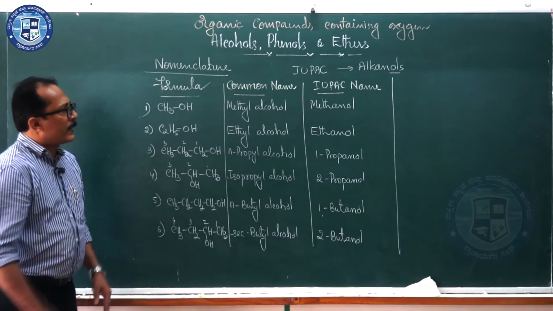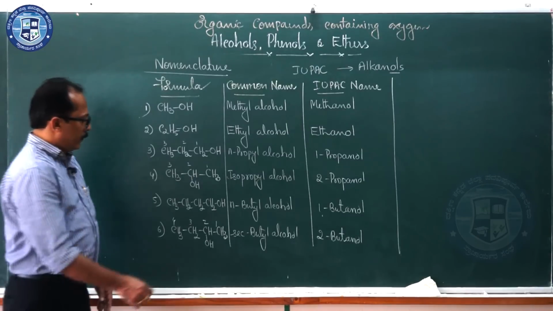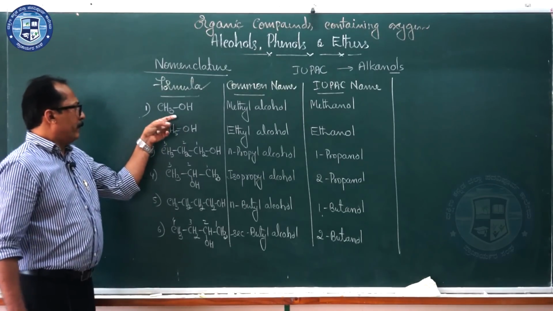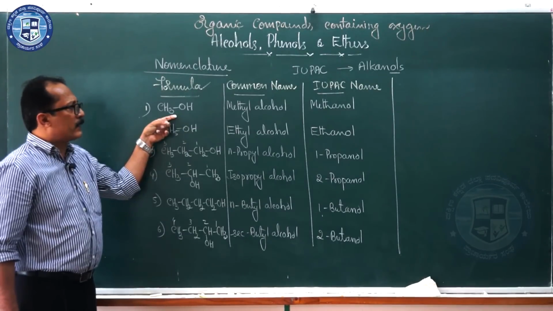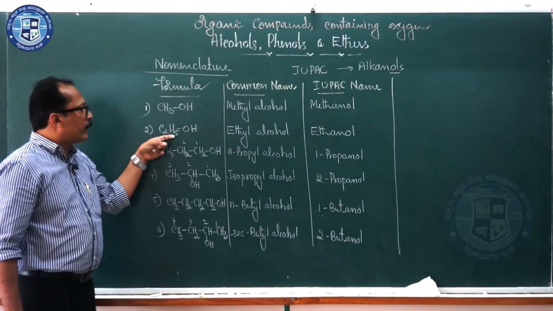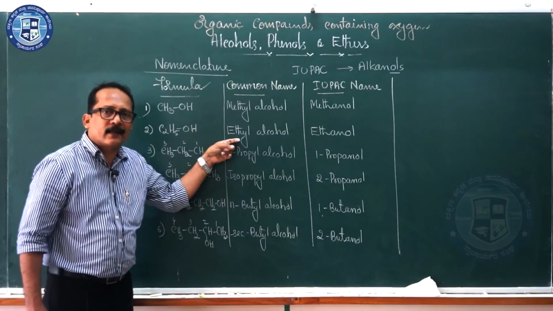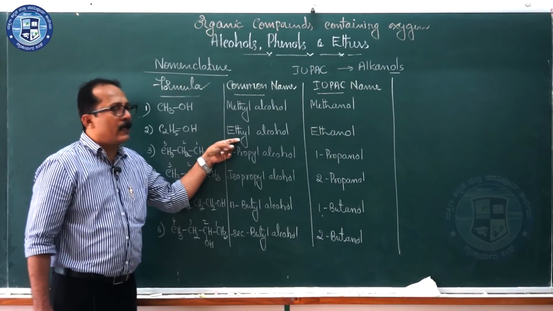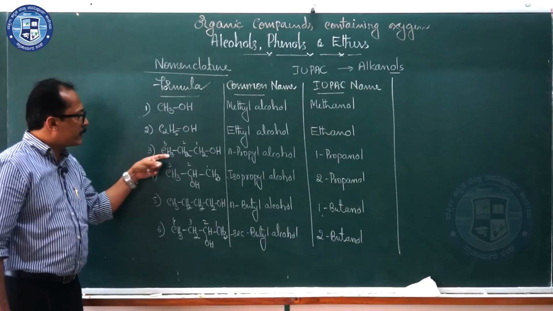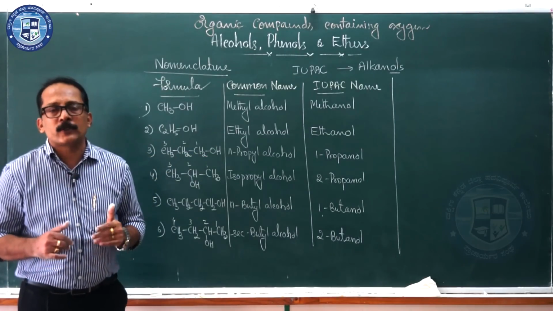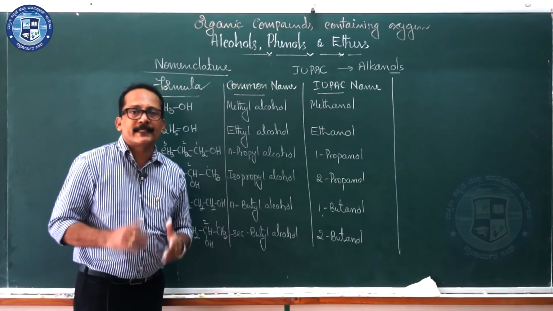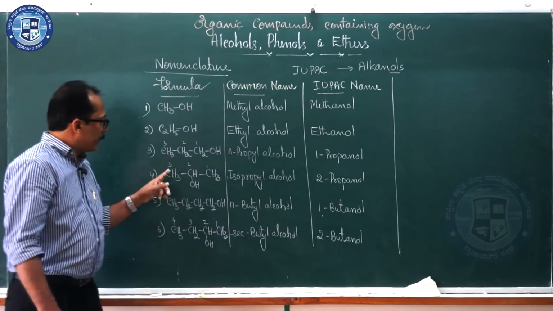So we will take some more examples. Once again I repeat this. Methyl alcohol, IUPAC name is methanol. C2H5OH, common name is ethyl alcohol, IUPAC name is ethanol. CH3, CH2, CH2OH, N-propyl alcohol is the common name, IUPAC name is 1-propanol.